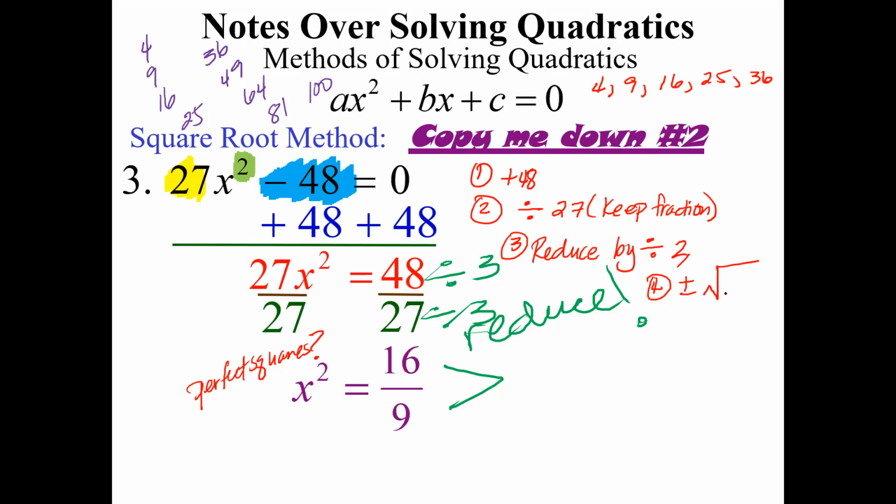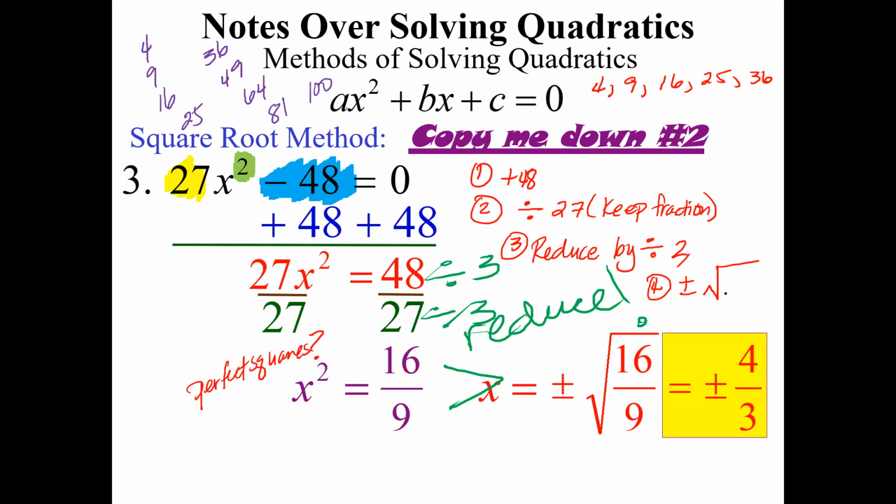If you do divide them, it's still not going to give you a perfect number. So maybe not divide them, maybe reduce them. You know that 3 goes into 48 and also 3 goes into 27, which reduces it down to 16/9, and they are indeed perfect squares. So what is the square root of 16/9? Plus or minus 4/3.